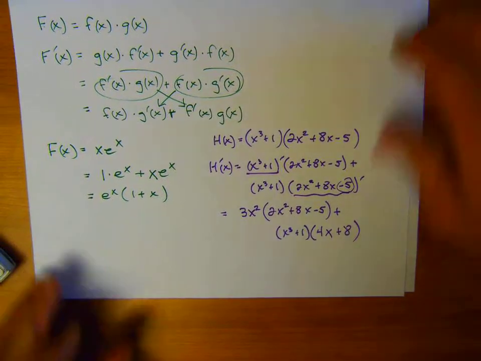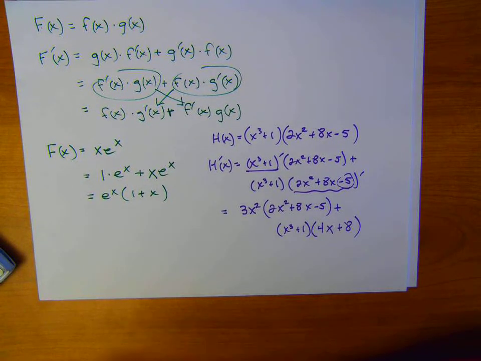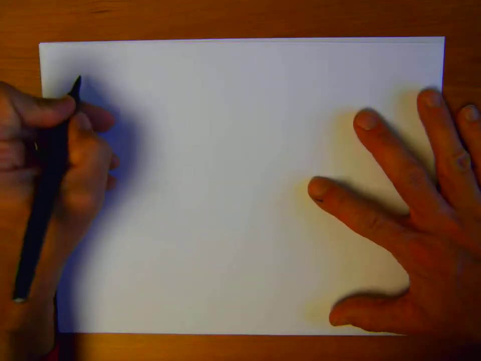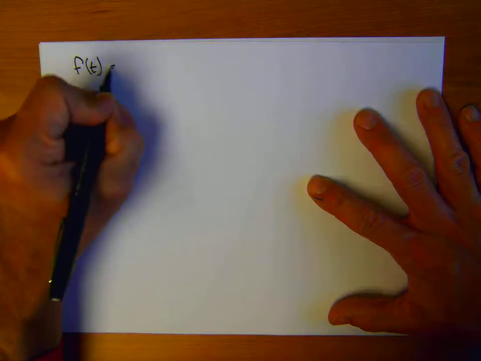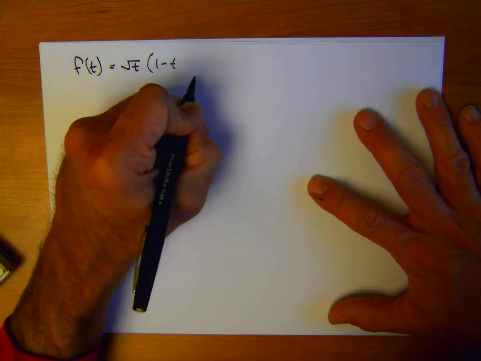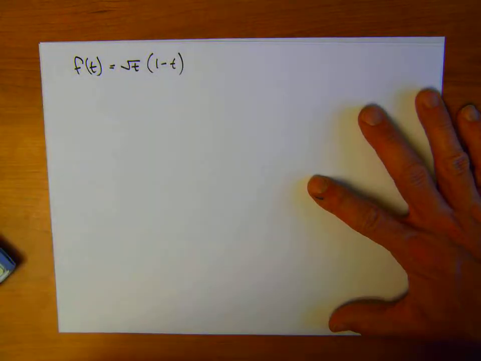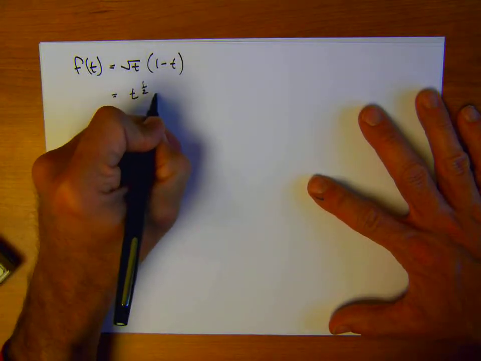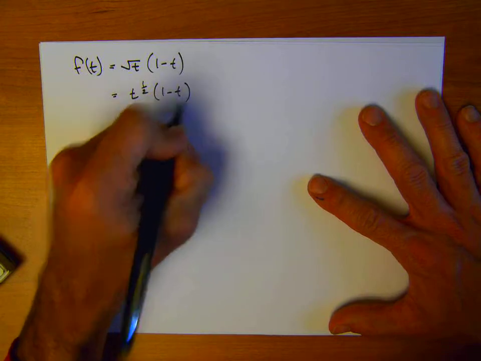That's the product rule. Let's just do one more example here. And actually with this example I will use a new page. So let's look at something like f of t equals the square root of t times 1 minus t. Again, we want to use the power rule whenever we can. So I'm going to rewrite the square root of t as t to the 1/2 times 1 minus t.